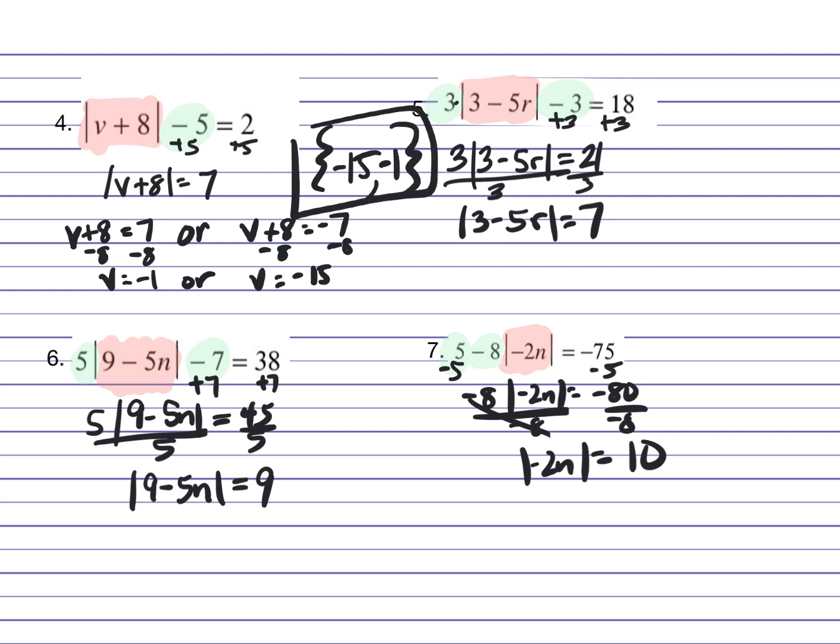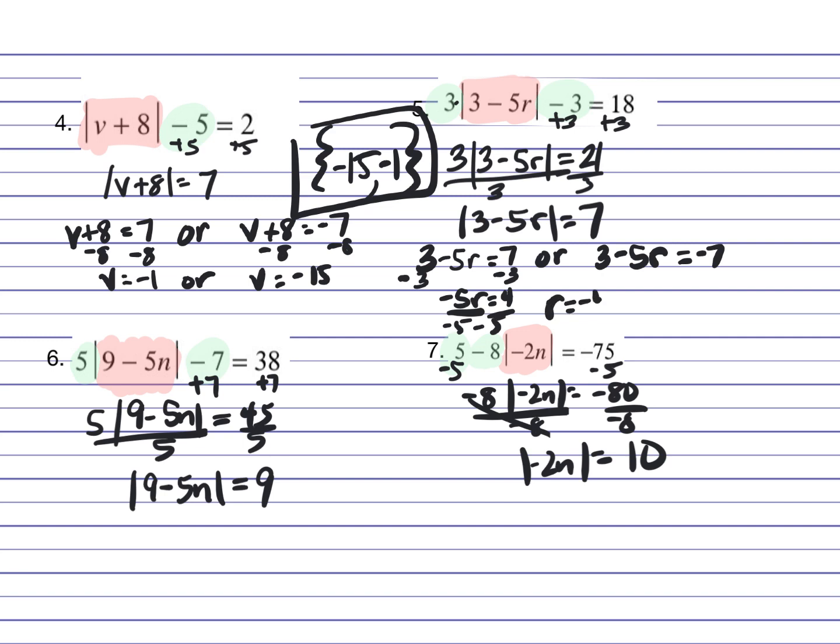For number 5, write the word or. 3 minus 5r equals 7, so take what's in the absolute value out, set it equal to positive 7, or take what's in the absolute value out of it, set it equal to negative 7. Solve by subtracting 3 first. Negative 5r equals 4. Divide by negative 5.